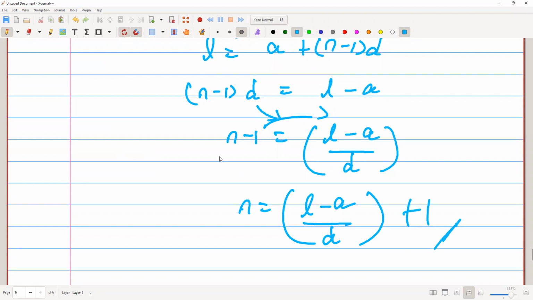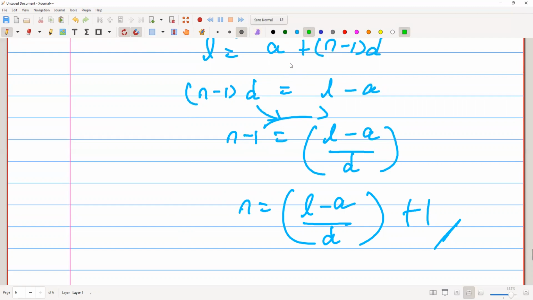That's it. So n, the number of terms in an AP, can be found by the formula: last term minus first term divided by common difference, plus 1. A lot of people would get confused with what they are working with.